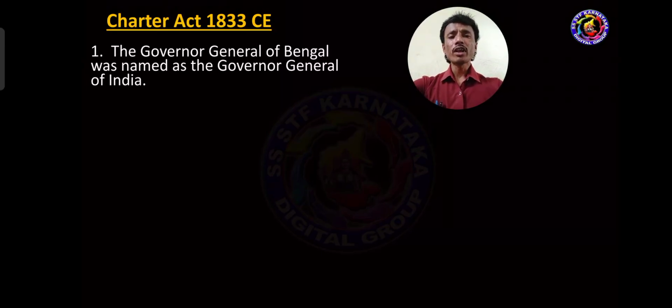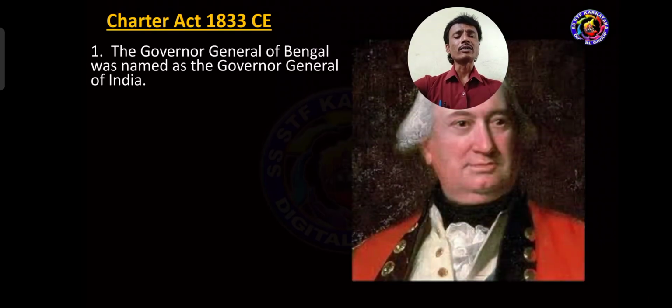But after the Charter Act of 1833, the Governor General of Bengal carried administration and controlling power throughout India, and he became the Governor General of India. The person nominated as Bengal Governor General had the right to do administration throughout the Indian country.